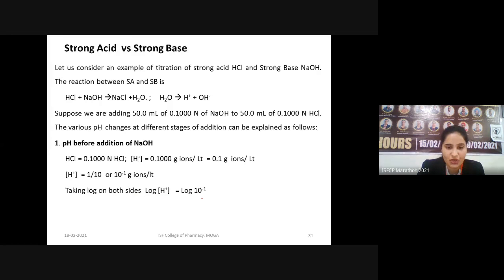The pH will come out to be less than 7 because our medium contains only H positive ions, and hence our medium is acidic in nature.